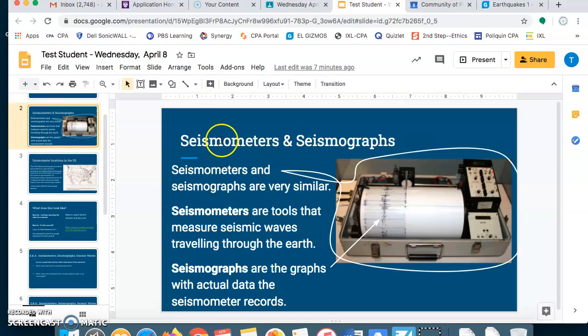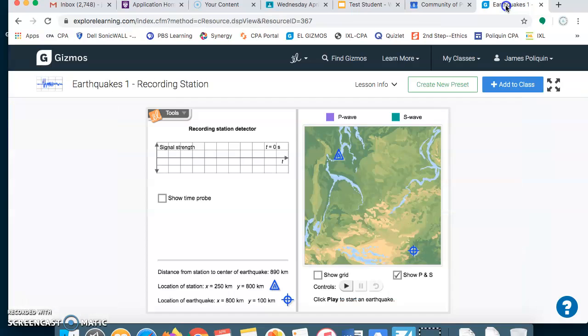This is where our seismometer and seismograph are located, the tool that measures and records seismic waves. And then this target here, this deadeye symbol for any gamers, is where the location of the earthquake is. You can think of this as the location of the epicenter and focus. This is where the earthquake is going to start.